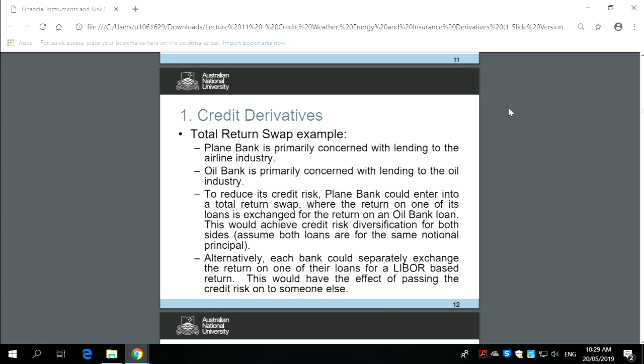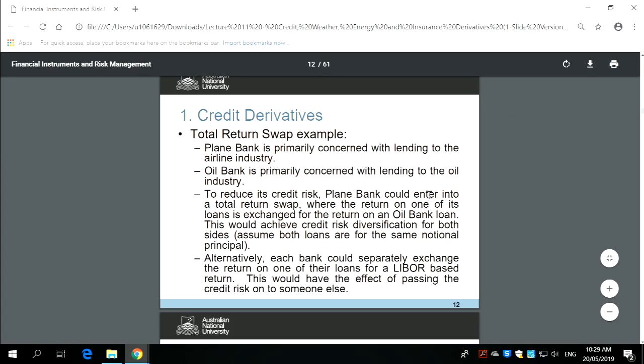By doing so, you get the diversification benefits. You are not so exposed to the industry risk of the industry that you are specialized in. And then we also have a bank acting as an intermediary in the middle. They would charge a commission to set up this swap.